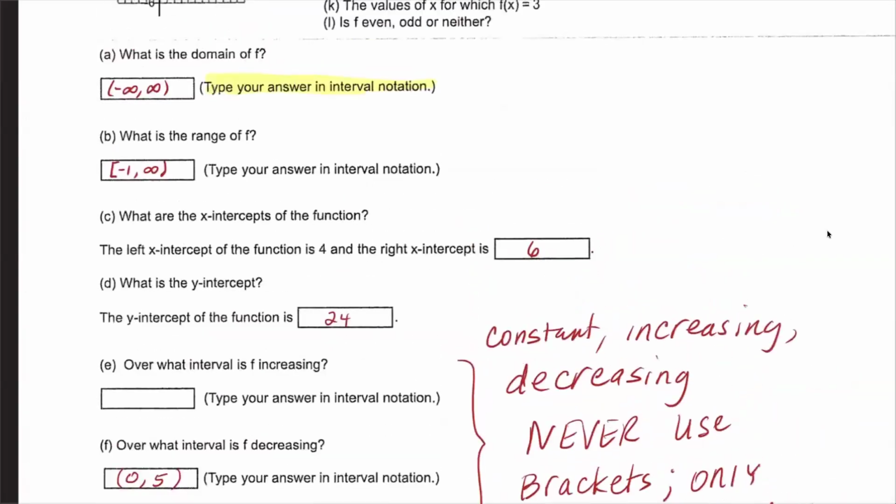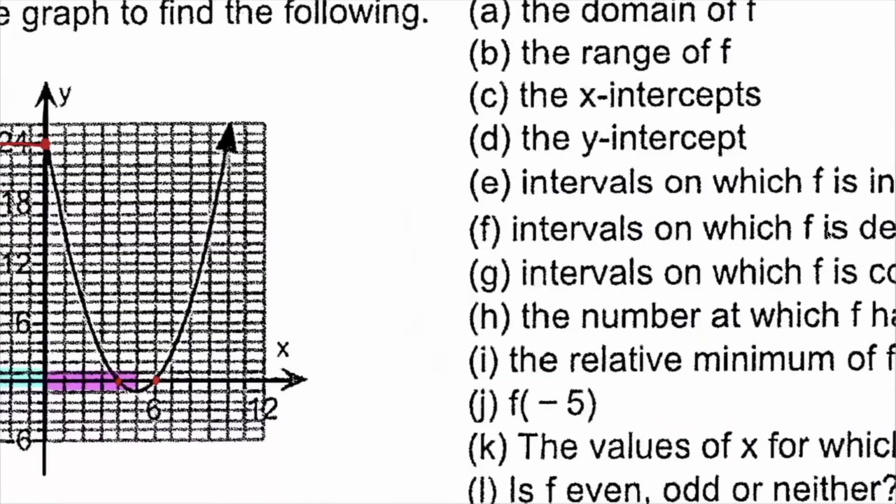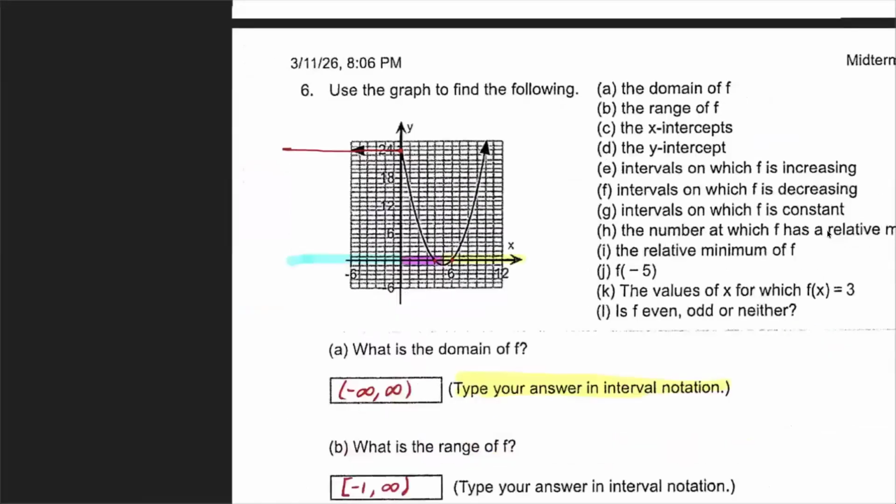Then where is it increasing? Well, it starts increasing at 5 and then increases forevermore towards infinity. It's never going to stop increasing once it gets past 5. So it starts increasing at 5.